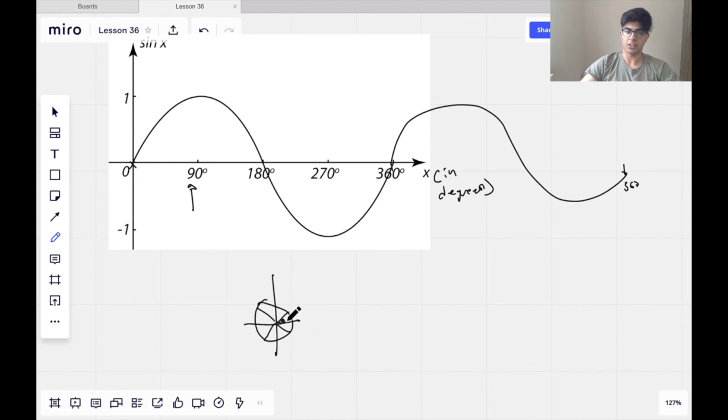Because there are only 360 degrees in a circle, it just repeats every 360 degrees. So 361 degrees is basically the same as 1 degree on a circle. This is a bit more advanced than you need to know, but just remember that sine looks like this and it repeats.